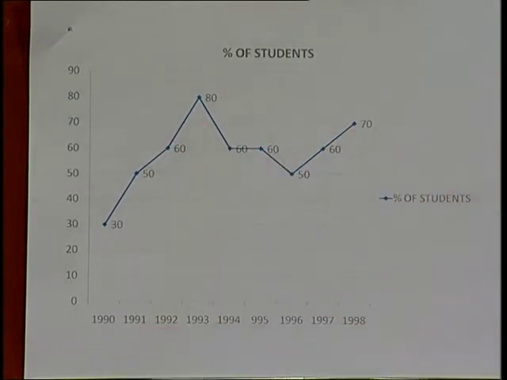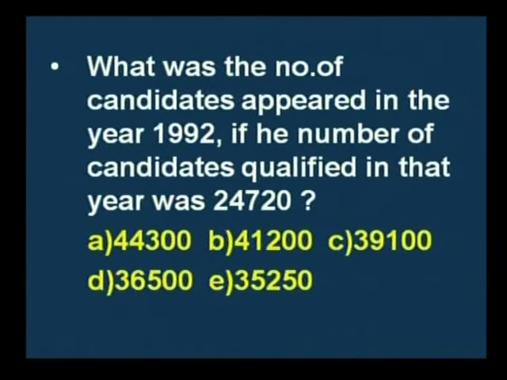Now look at the question again. So what is the question here? What was the number of candidates appeared in the 92 if the number of candidates qualified is, అంటే ఈ 60%ని మనము 24720కి ఈక్వేట్ చేస్తే what is the number appeared అన్నది వస్తుంది అనమాట. సో రేషియో పర్సంటేజ్ ఎలా కడతారండి మీరు?